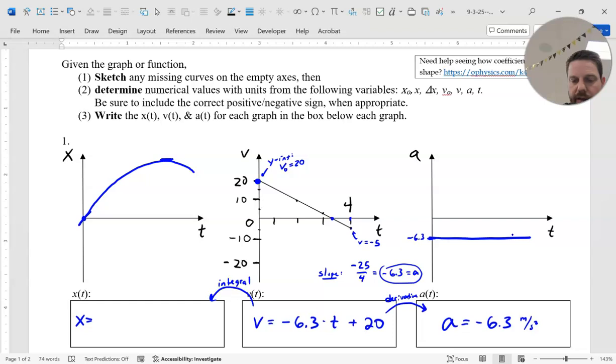We're going to add a power and then divide by that. So we're going to turn this into t squared and then divide by 2. So that gives us negative 3.15, right? We're going to do the 6.3 divided by 2. So we get our negative 3.15 t squared, and then we have plus 20t.